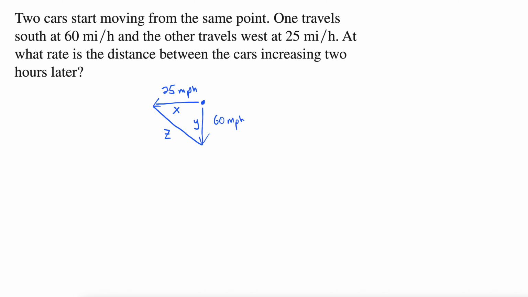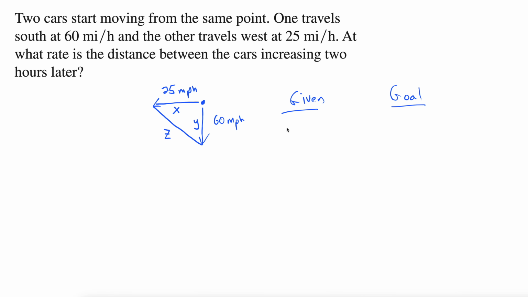So here I have a pretty good idea of what's happening. These two cars are moving in 90-degree directions from each other, and the distance between them is increasing as they keep driving and driving. Let's write down what's given and also what our goal is. That's a good way to keep track of all this.